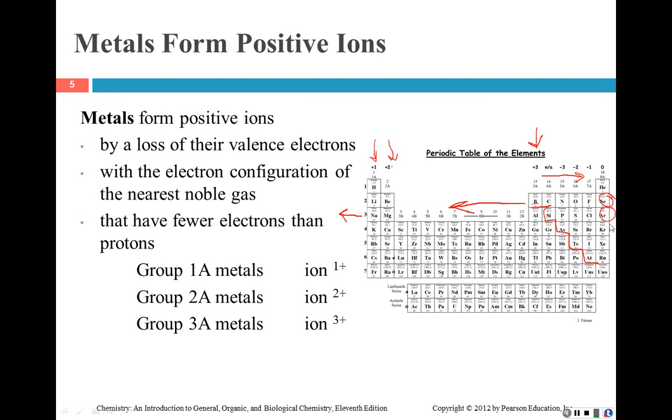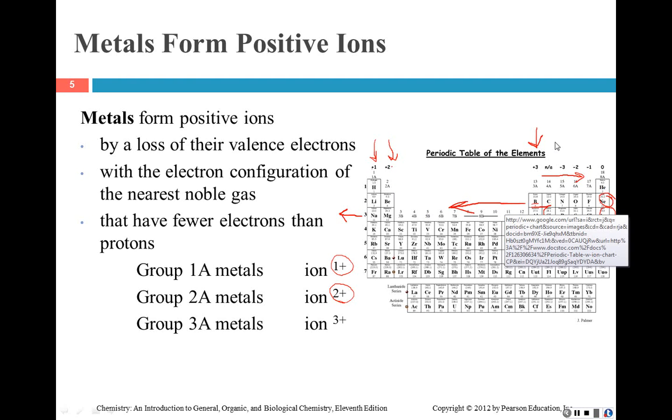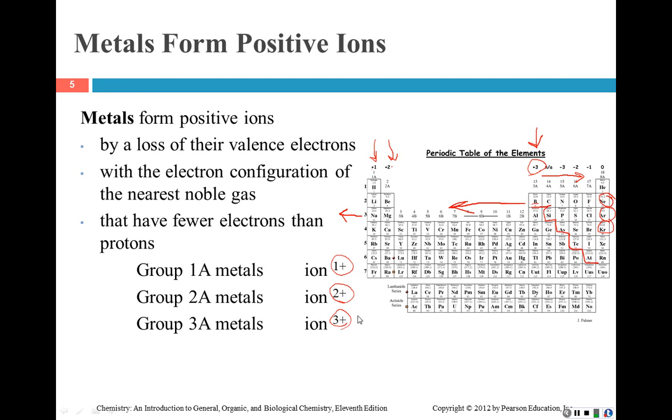Since they're in group 1, 2, they lose 1 electron, then they become a +1 charge. If they lose 2 electrons, like in group 2, they're going to be a positive 2. If they lose 3 electrons, they're going to be what? Positive 3, because now they've lost 3 of those negative charges, but they still have the positive charges.